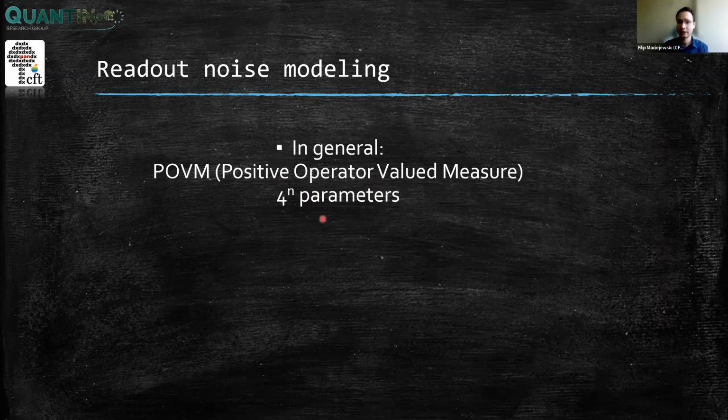If we consider noisy measurements on a system of n qubits, then in general this will be described by 4 to the n parameters, which is quite a lot.